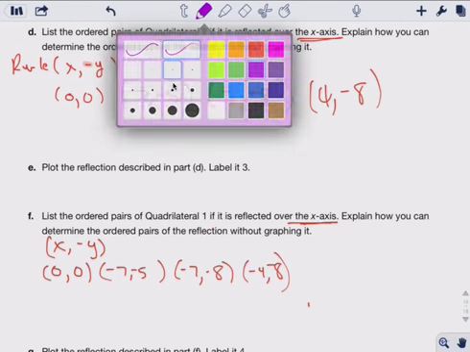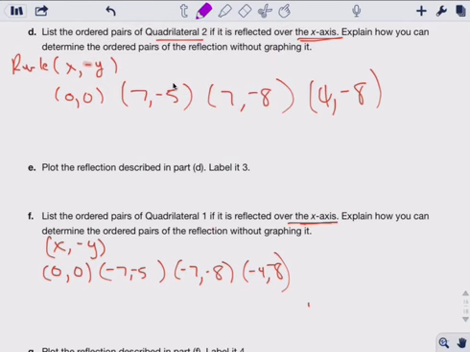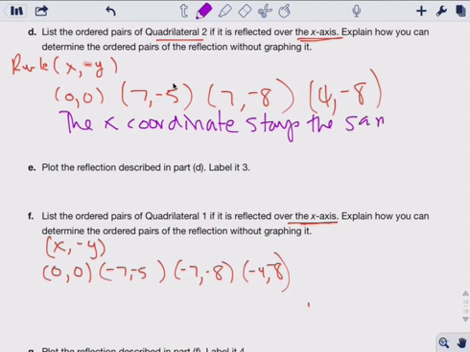Okay, we determine without graphing: the x stays the same, x coordinate. We need to use the word coordinate, sorry. Stays the same. And the y becomes its opposite. Okay, like that.